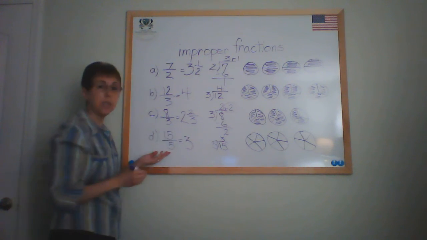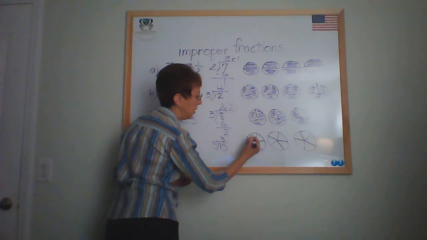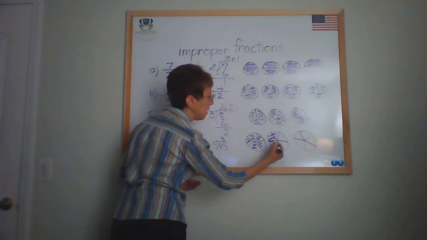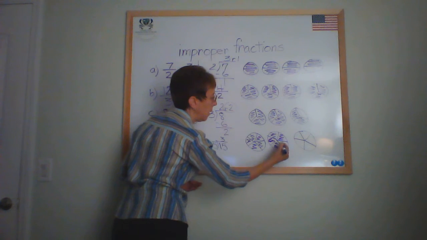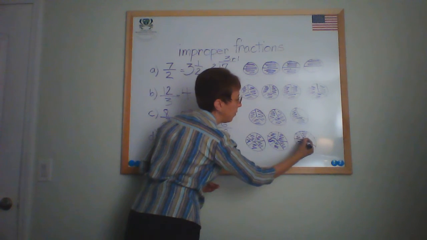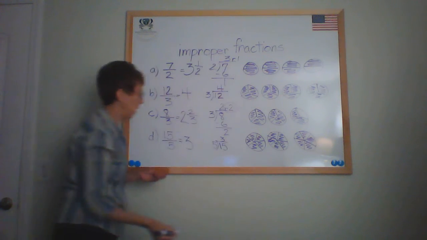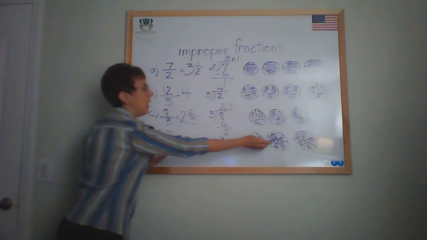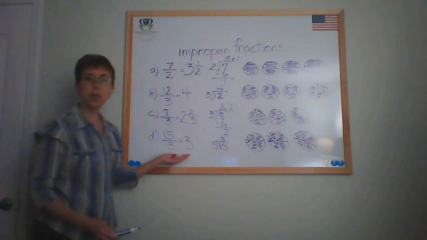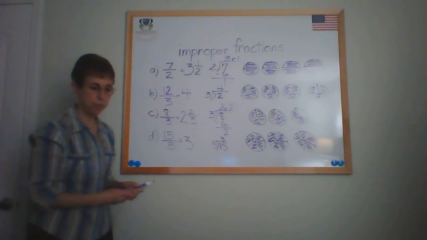We need 15 of those fifths shaded. 1, 2, 3, 4, 5, 6, 7, 8, 9, 10, 11, 12, 13, 14, and 15. So 15 fifths are shaded in, which is also the same as 3 whole circles shaded in.